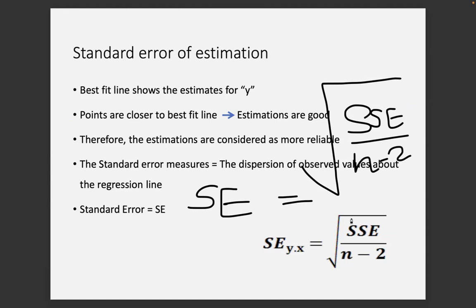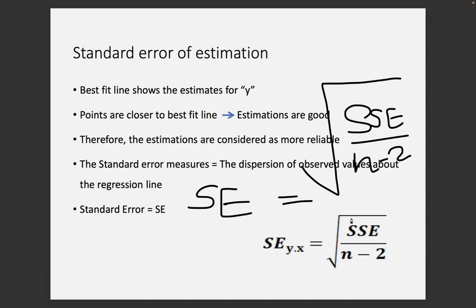Now here, for the standard error, first we have to calculate the total sum of errors, the sum of squared errors. SSE means sum of squared errors. SST means sum of squared totals.